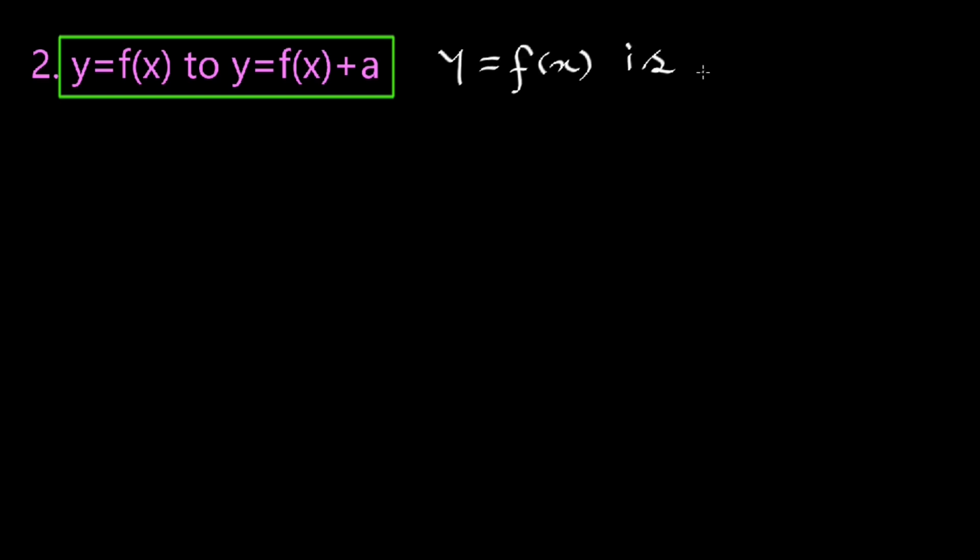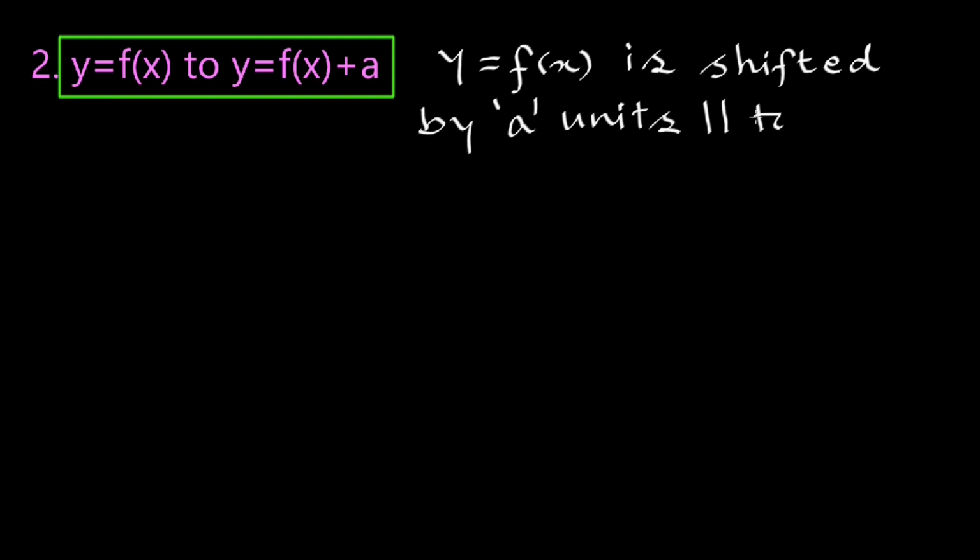Next we will see the simple transformation of the curve y equals f(x) to y equals f(x) plus a. Here we can see y equals f(x) is shifted by a units parallel to the y-axis.